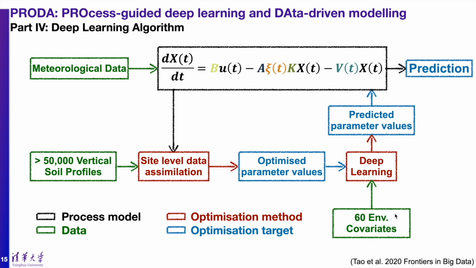The deep learning algorithm applies those environmental variables to predict parameter values that are optimized in the site-level data assimilation, and then provides optimized parameter maps of the US continent or even the whole world. Eventually, we use the parameter values predicted by the deep learning algorithm back in the process model to simulate soil carbon.